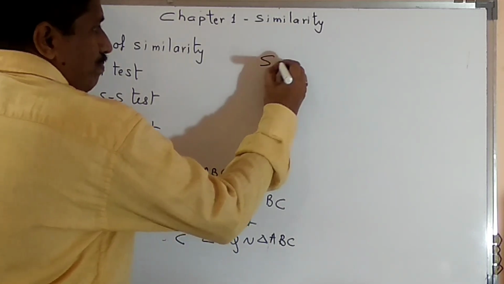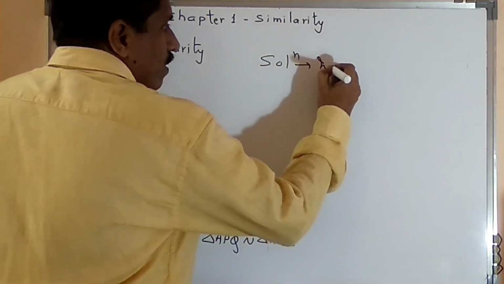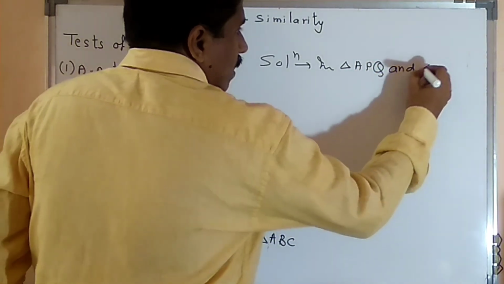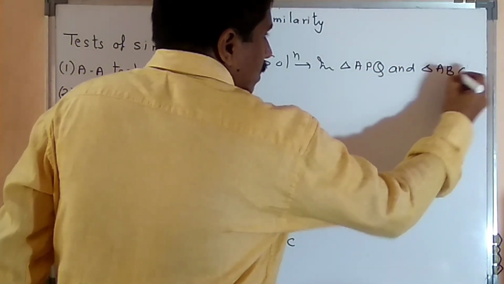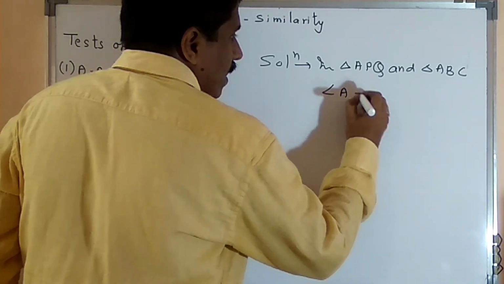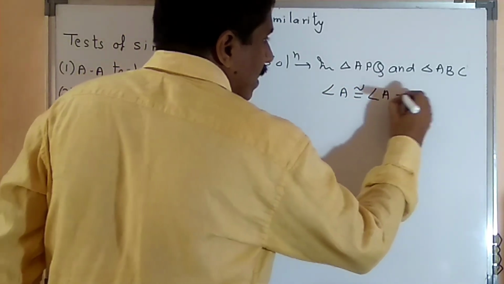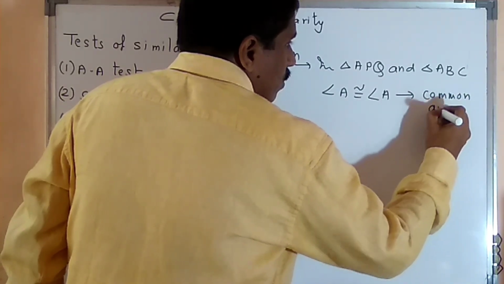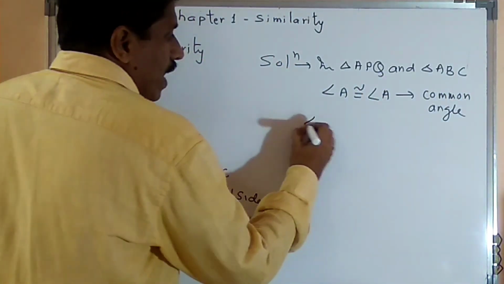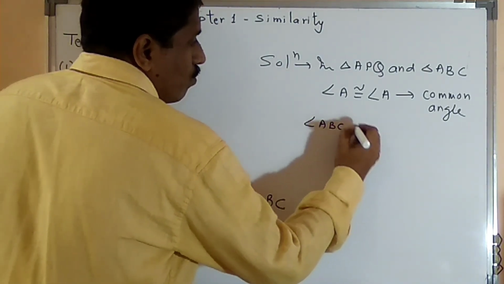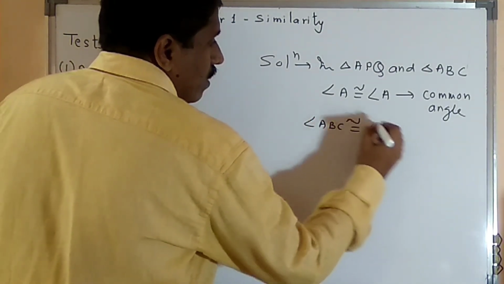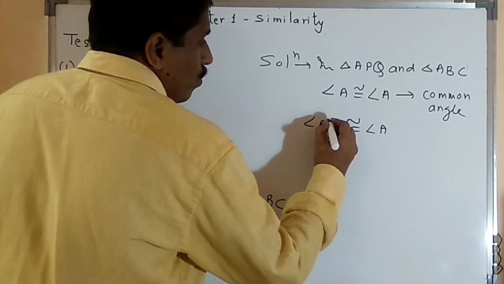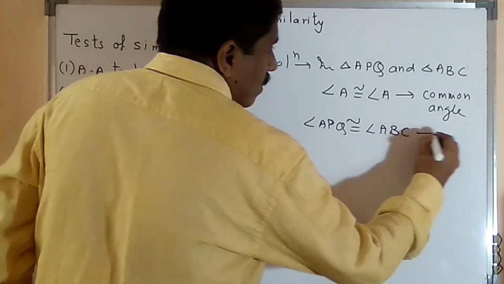So in triangle APQ and triangle ABC, first, angle A is congruent to angle A as angle A is a common angle. Angle APQ is congruent to angle ABC.